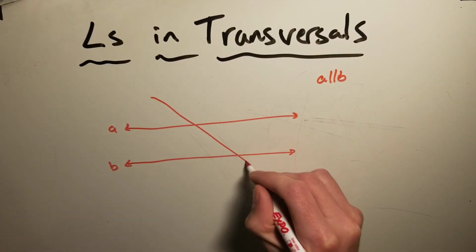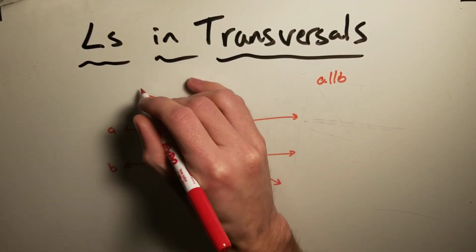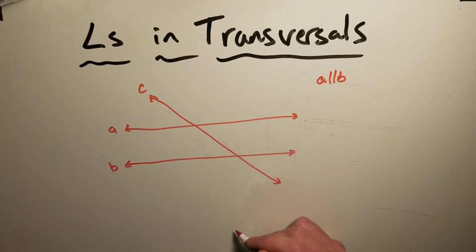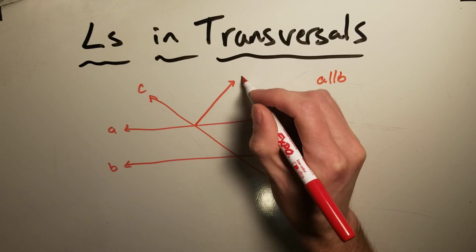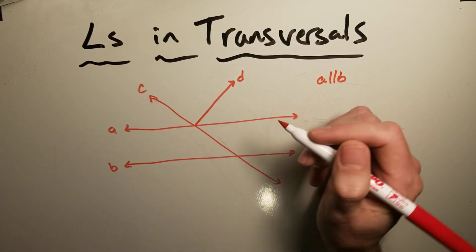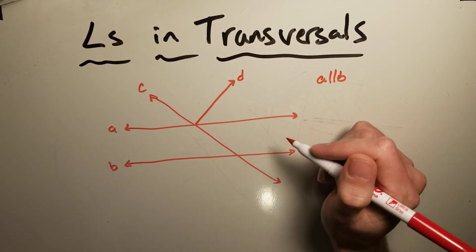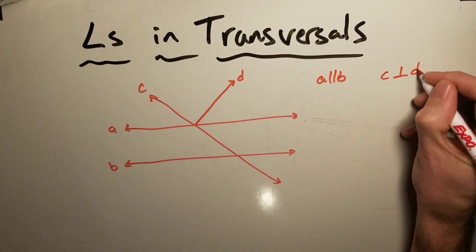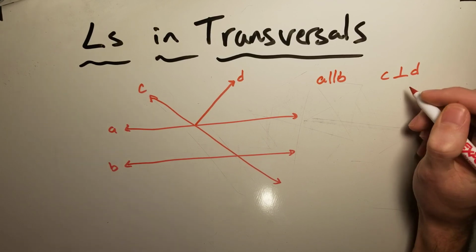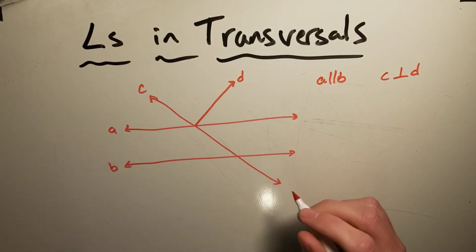We have a little transversal C right here, and we have this ray D that comes out, and we are told that C is perpendicular with D, and we're going to get back to that in a second.